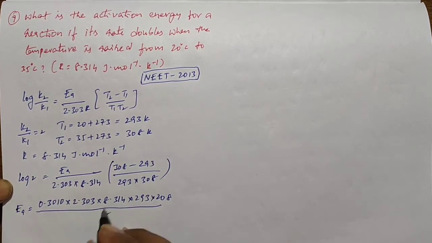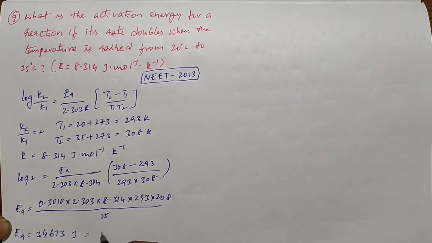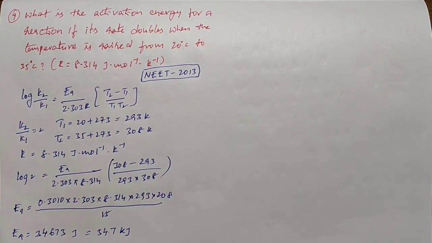After simplification of all these values, we get the Ea value as 34,673 joules. In kilojoules, that is 34.7 kilojoules. Okay, this is the way to find the activation energy of a given reaction.